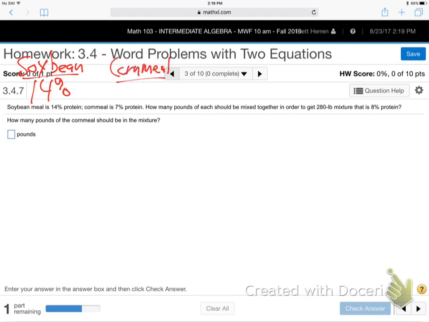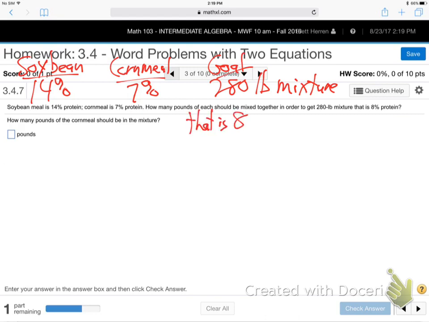It's all about protein. And you want to get a 280-pound mixture. The goal is to get a 280-pound mixture that is 8% protein. So we want to mix a couple of things and produce a final product that's 8% protein.